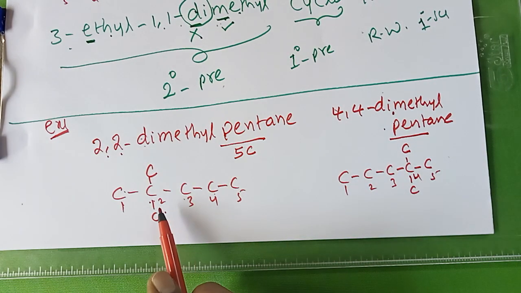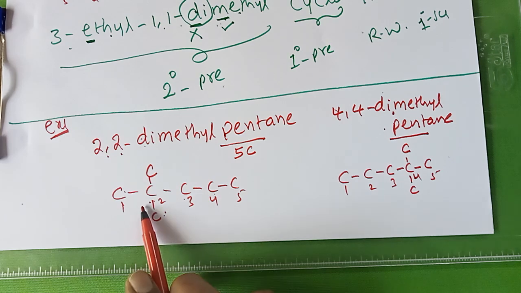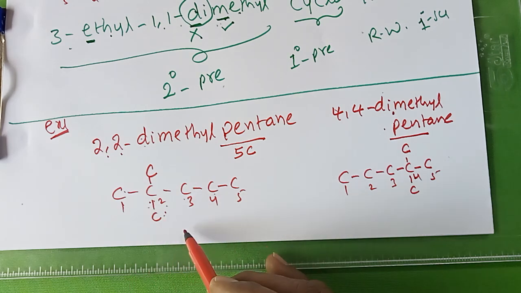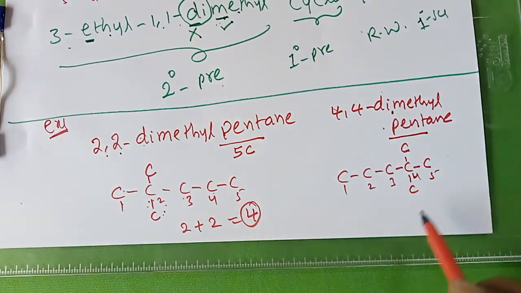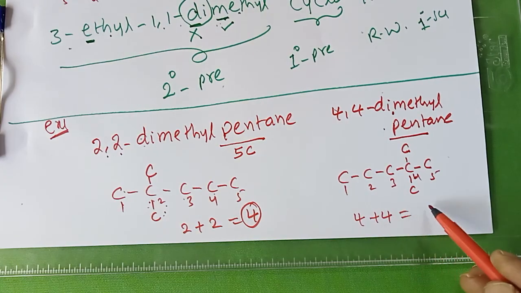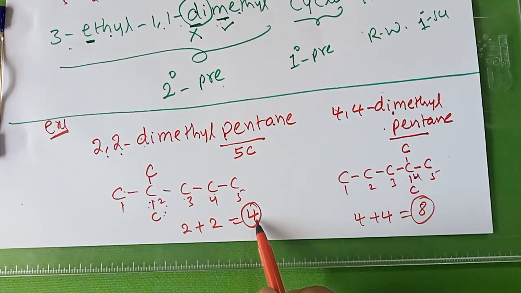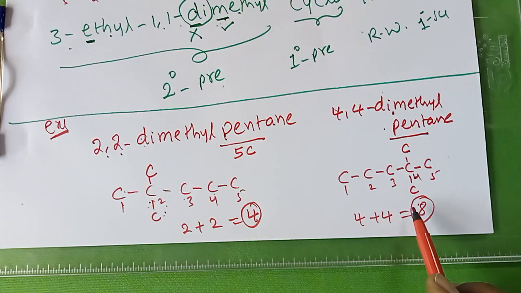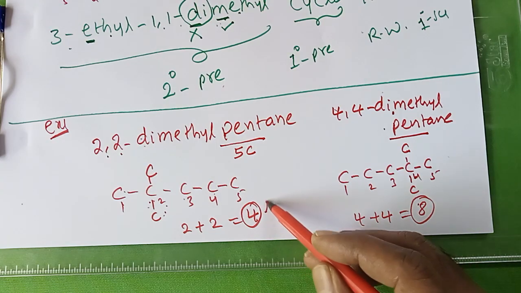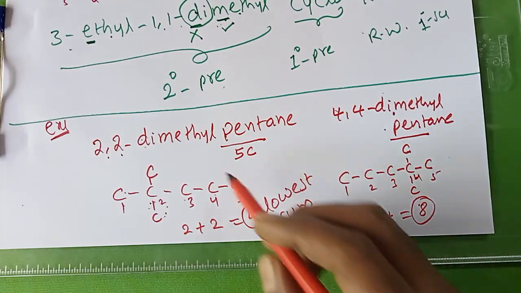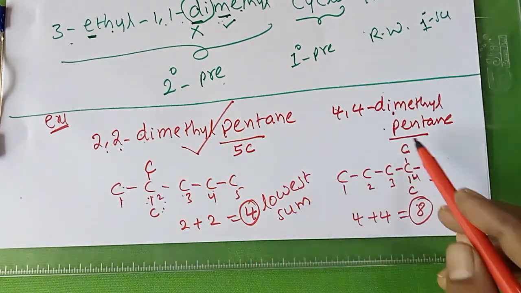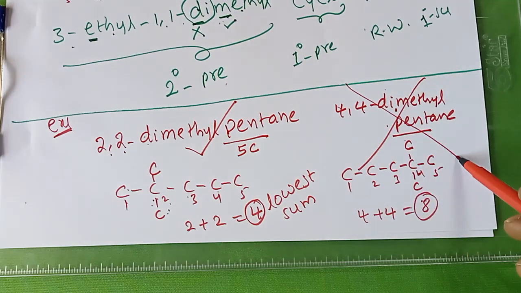This name follows the lowest sum rule: 2 plus 2 is equal to 4. But in this one, 4 plus 4 is equal to 8. So in these two, this is the lowest sum. That's why this name is the correct name, and this name is the incorrect name.